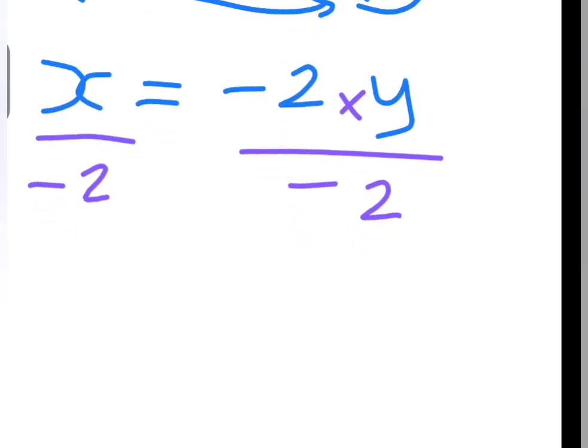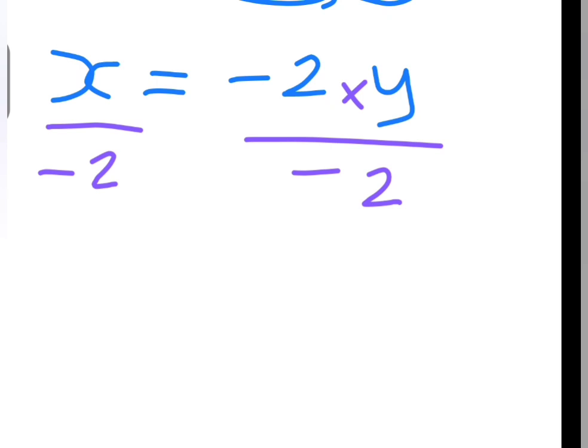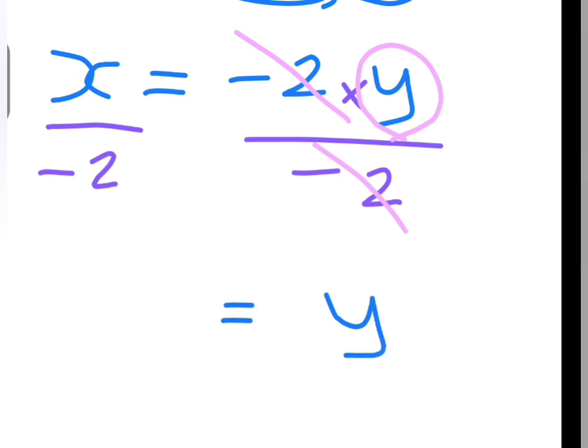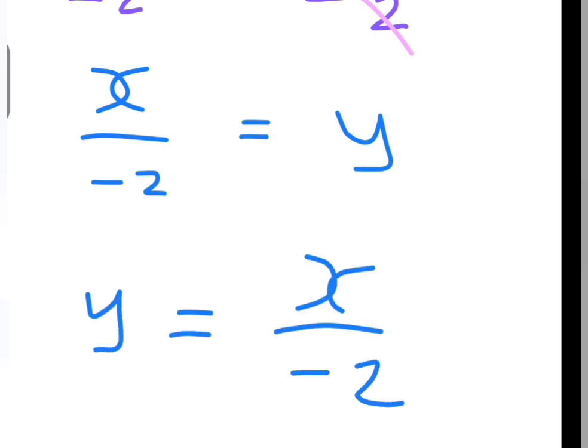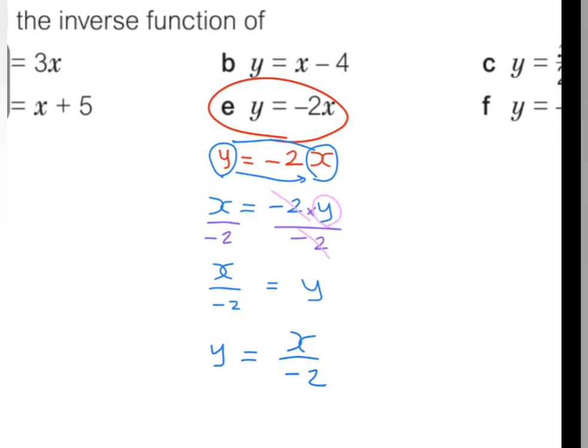Good job. Now, after dividing, we will simplify this with this, and we will end up with y. So y here equals x divided by negative 2, or we write it like this, y equals x divided by negative 2. And this is the inverse function for question E.